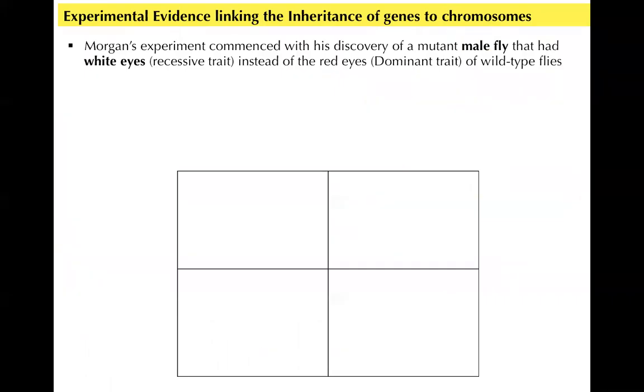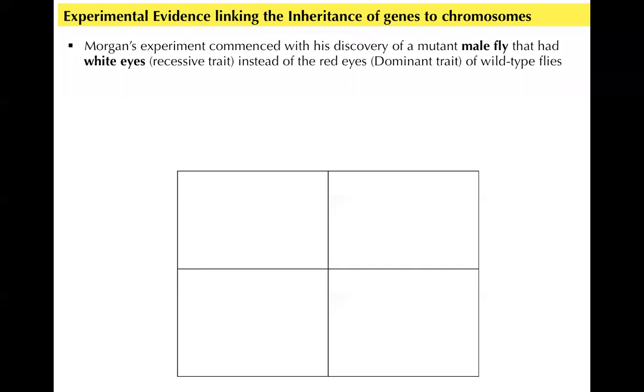What T.H. Morgan did was, when they were doing this experiment, like Mendel, who discovered traits, very simple traits to be studied.